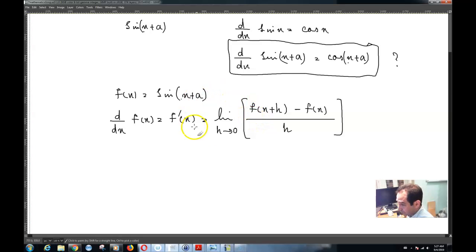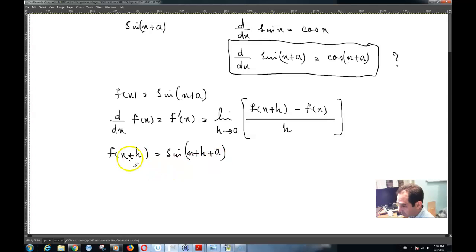So if I calculate f of x plus h here, f of x plus h is equal to sine of x plus h plus a, and f of x you already know what that is, and h is just h.